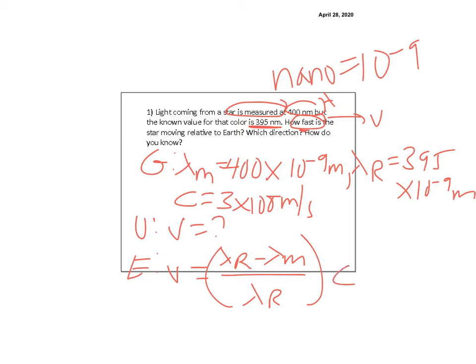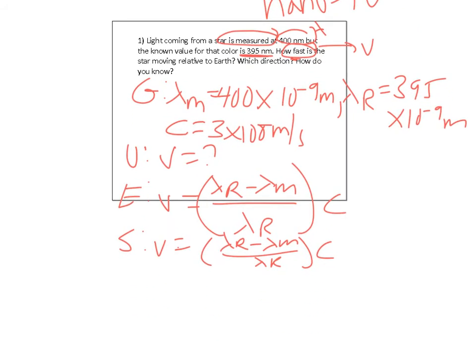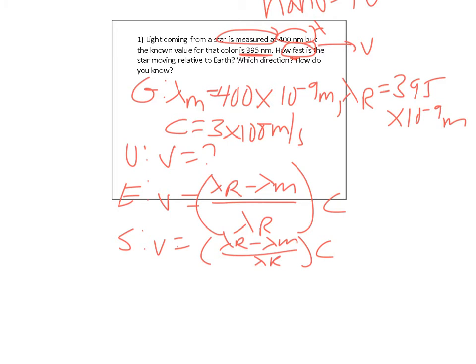So when I solve, it's actually the same exact thing in this case because there's nothing to solve for. Lambda real minus lambda measured over lambda real times C. I'm running out of space, so let me move this up. Okay. So then when I actually find my solution, it's going to be the difference between the two. So 400 times 10 to the negative ninth meters minus 395.